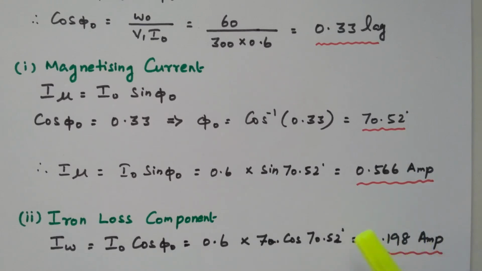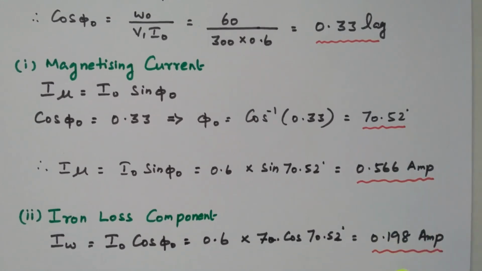This magnetizing current is responsible for producing the flux in the primary winding under no load condition. Then we will see the iron loss component, which is responsible for the iron loss in the primary winding.